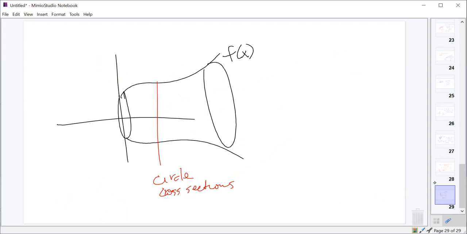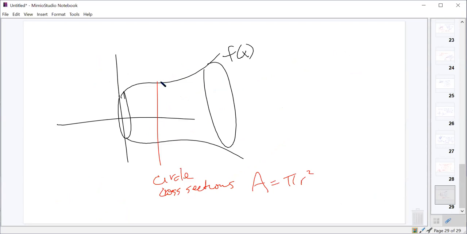All right, so when we revolve around an axis, an x-axis or a y-axis or any other horizontal or vertical line, we end up getting these circular cross sections. And so we know that the circular cross sections have an area of pi r squared. And so all we had to do was figure out what the radius was.